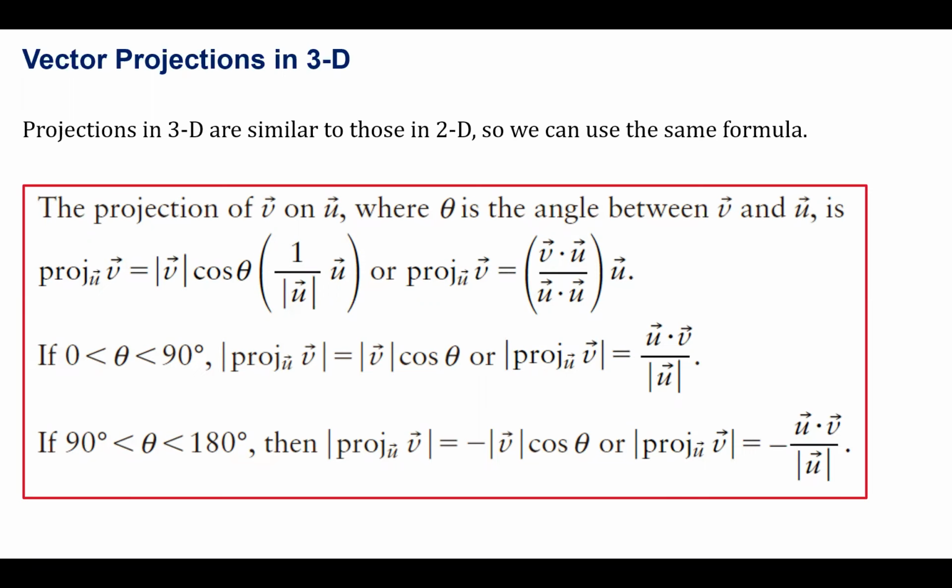Whereas if theta is between 90 and 180 degrees, then you should put a negative symbol in front of the right side for each of the two formulas. Okay, I'll give you 3 minutes to have a look at the formulas here. And we're going to have a look at one last example, which is about vector projection in 3D space.